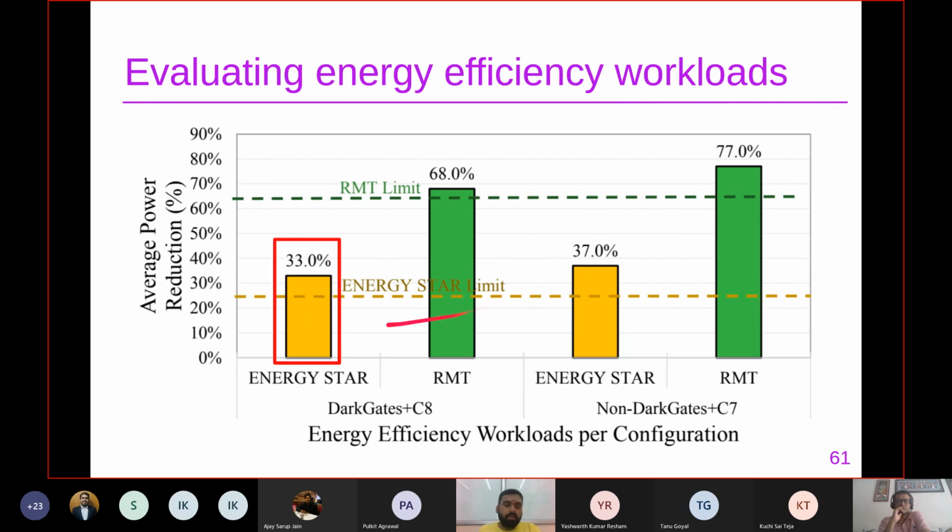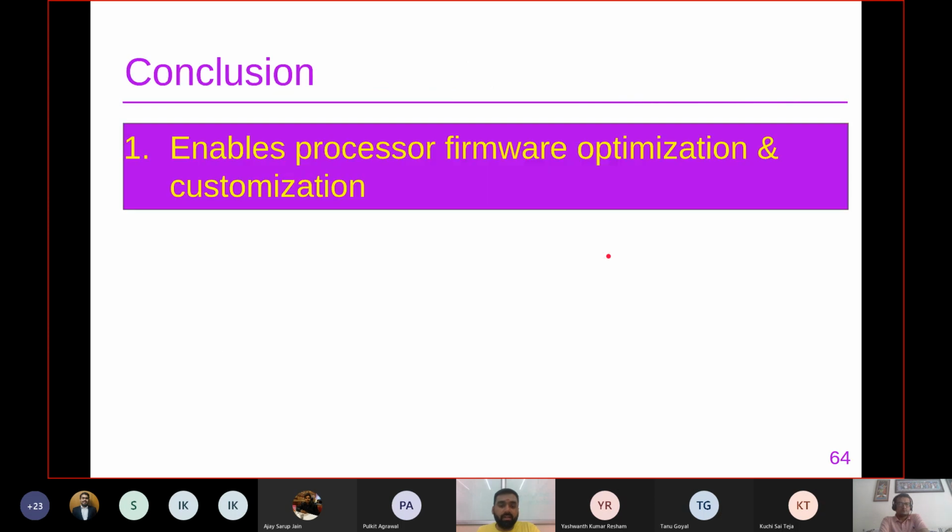When you look at Energy Star for DarkGates plus C8 support, the power reduction is on average 33%, whereas for non-DarkGates, which essentially means where there is power gating and we only support the C7 state, we see that the power reduction is 37%. But you can see that the difference here is only 4%. So what I mean to say is that in this 4%, we are almost reaching the limit without power gating. So this is one of the benefits of DarkGates.